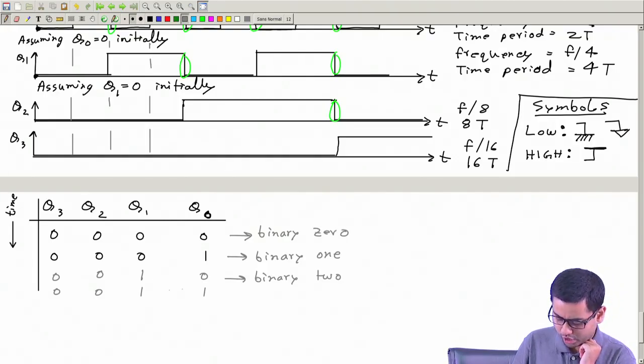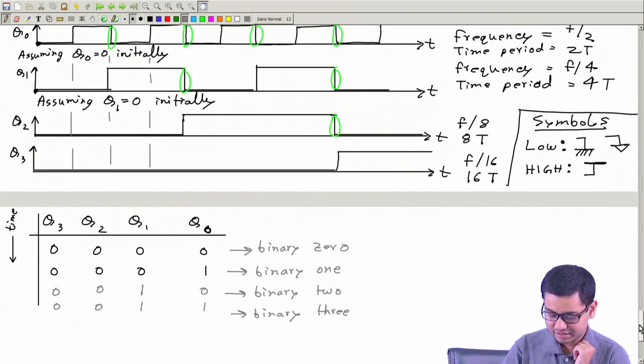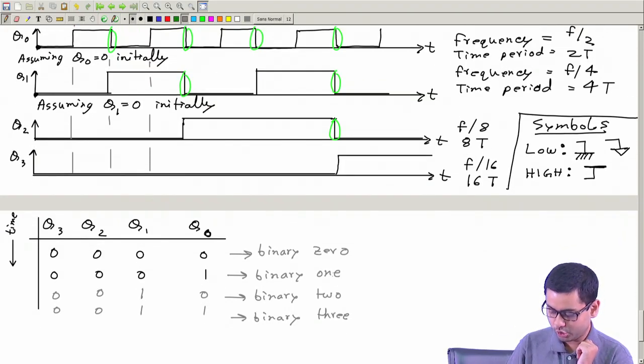This number 0, 0, 1, 1 is same as binary 3. So these 4 voltages, or this Q0, 1, 2, 3, they are counting the binary number 0, 1, 2, 3 and so on.